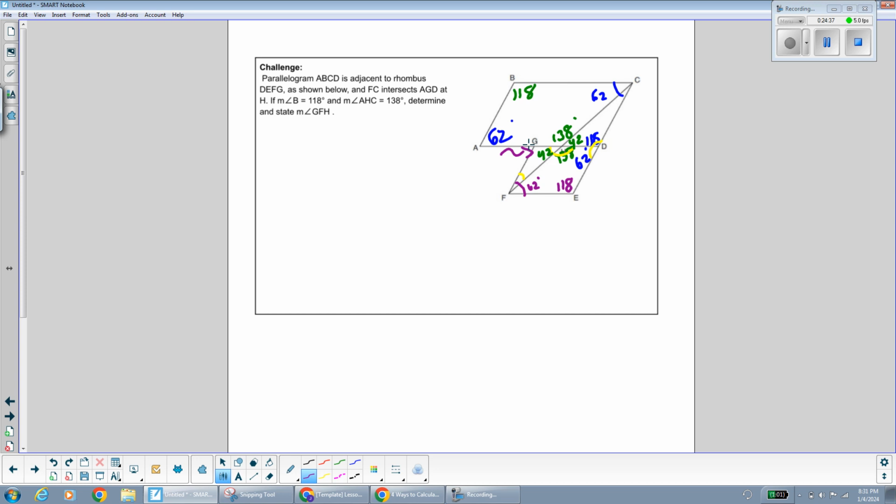And for angle FGD, that should also be 118. So now we have two angles of this triangle, and we can find the third one. I'm going to do 118 plus 42, and that's 160. Subtract that from 180 degrees, and I got 20 degrees for the angle that we're looking for here.